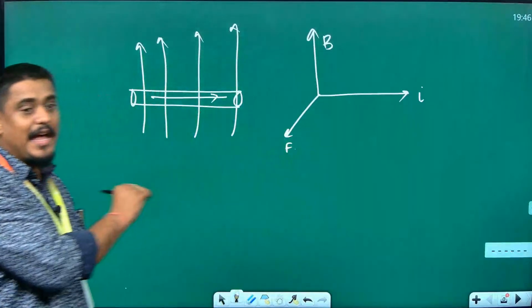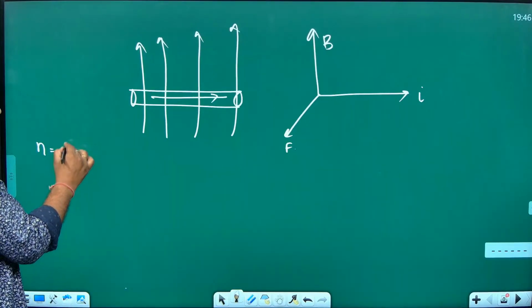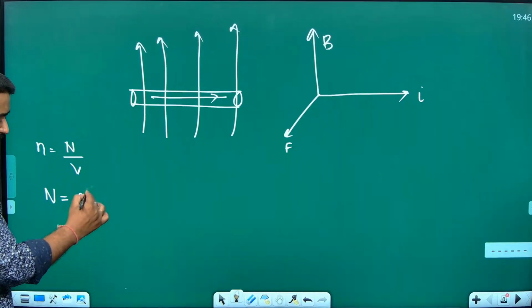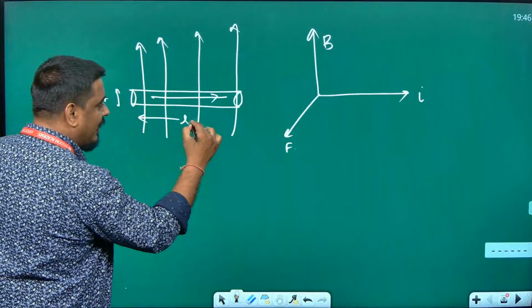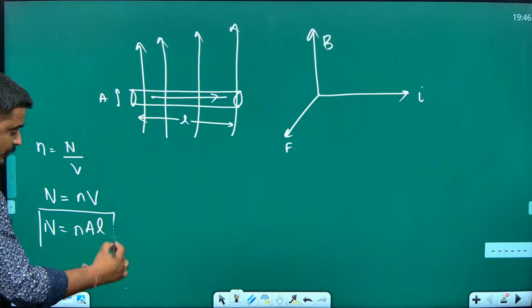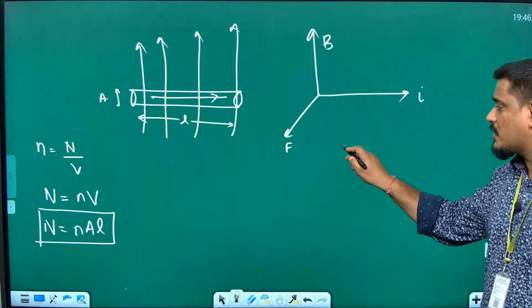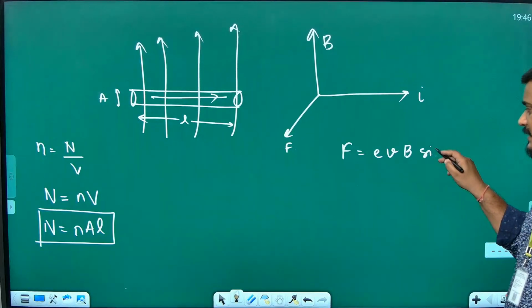But this force acts on a particular charge, and I took small n as the number of charges per unit volume, so the number of charged particles is n into V, and volume is area of cross section into length of the wire. So the total number of charged particles is n into A into L. The force on one particle is e into v into B into sine theta.